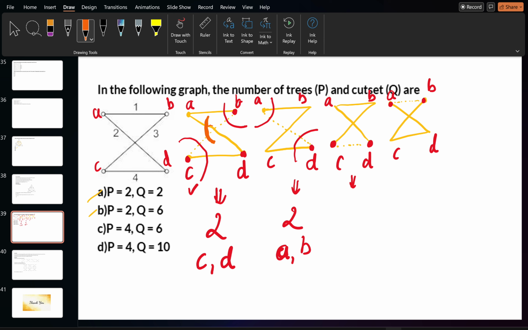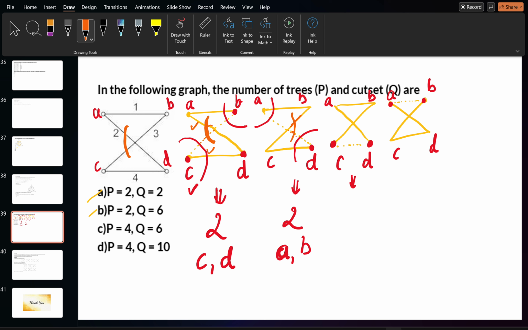So you can make two graphs out of making a cut set at that point itself. When you cut this point, you will form a cut set, meaning a subgraph out of that. Why? Because there is one twig and one link. That's why one cut set is possible here and one cut set is possible here.